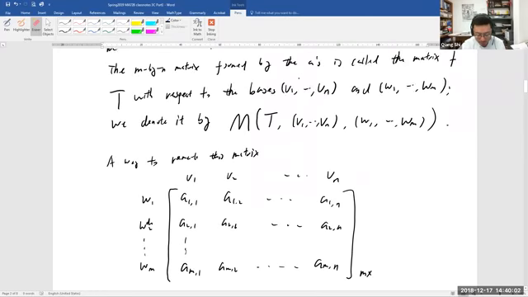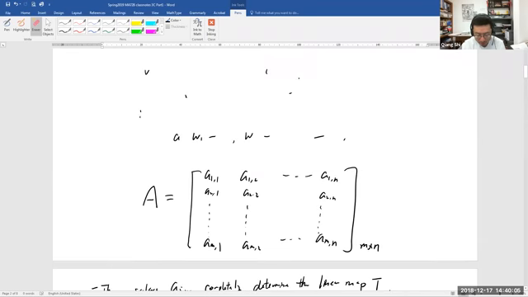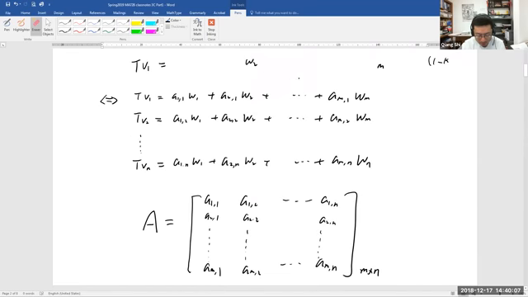If you look at our definition here, for those A values, you let v1, v2, up to vn be the vectors in your basis, and then you find what each of T v1, T v2 is, and then you express them as a linear combination of the vectors in W, and those weights, those scalars, form the matrix A. And remember, in each equation, your A values will make a column in your matrix.